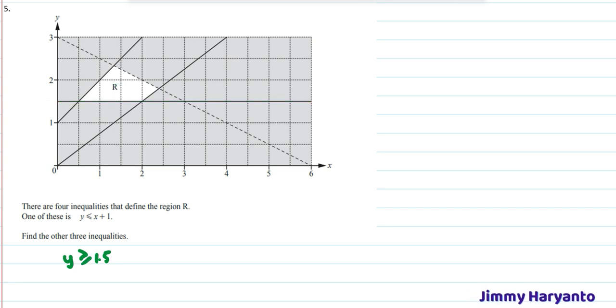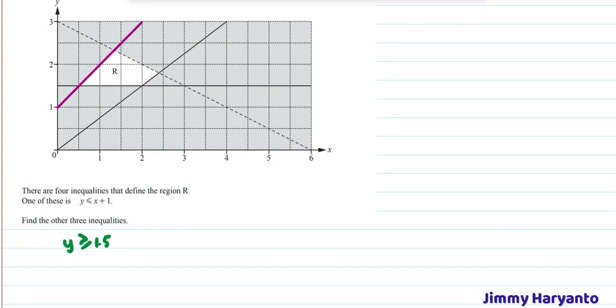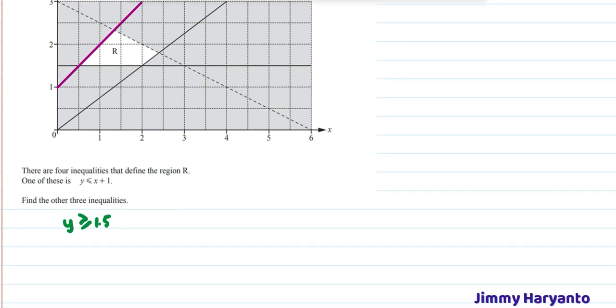And then next is this line. I will choose this line first. Okay, so for this line, I want to teach you a different method to find the line easily. I want you to create a triangle first. A triangle like this. This one is 1 unit and this one is 1 unit.